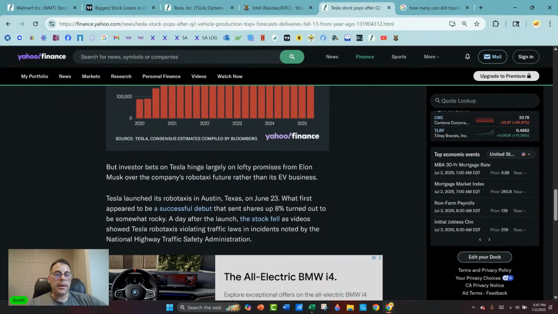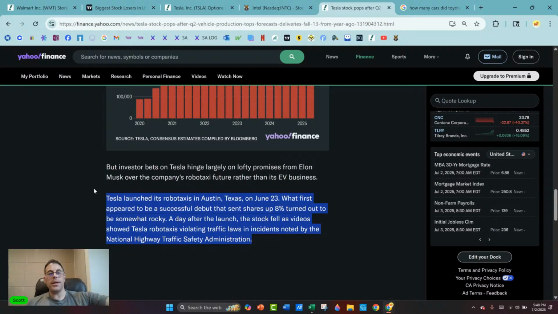Okay, but investor bets on Tesla hinge largely on lofty promises from Elon. He does make big promises. Remember, he was talking about the robotaxi for years and years, saying it's soon. They finally did actually have their first ride. But Waymo has been in the market several years already.